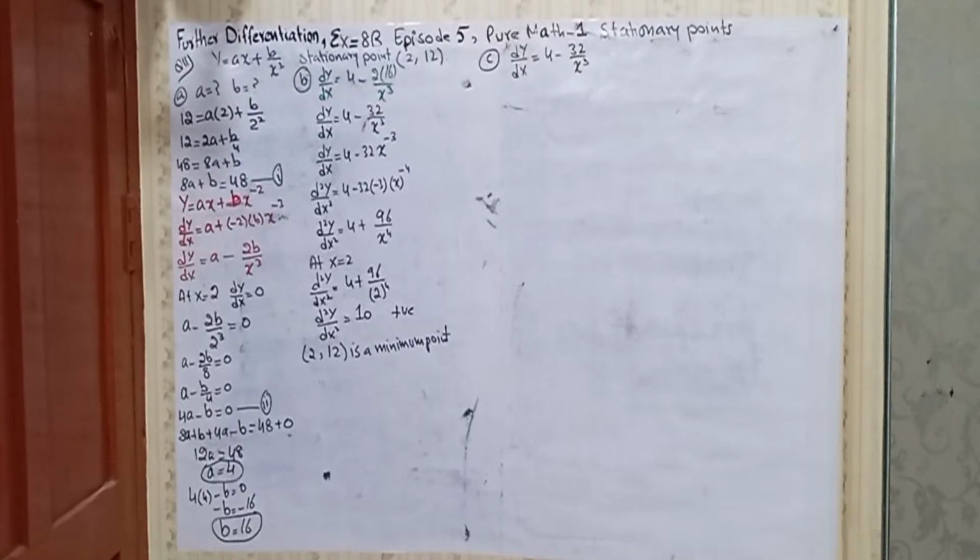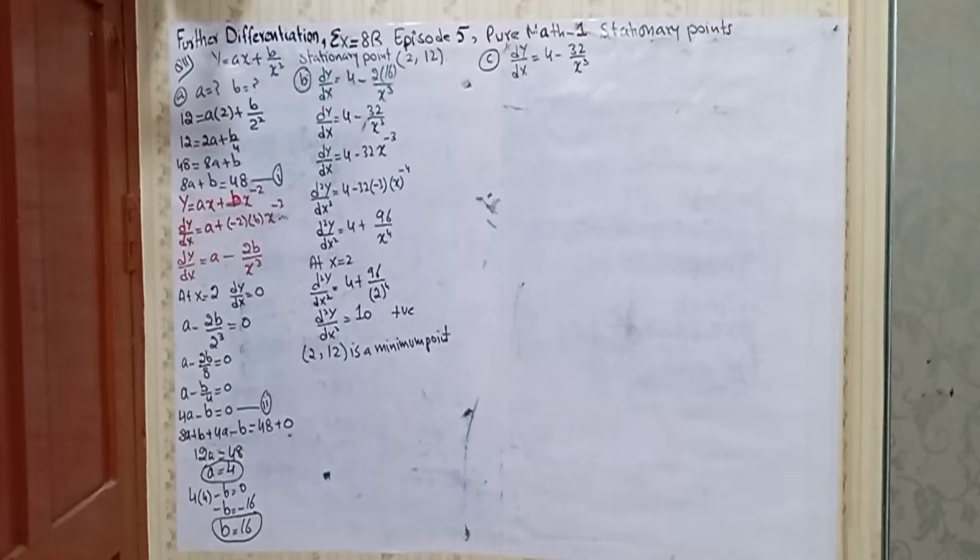Okay, so dy/dx, he says the function should be decreasing, so the dy/dx value should be negative. Sorry, I looked at the wrong part.